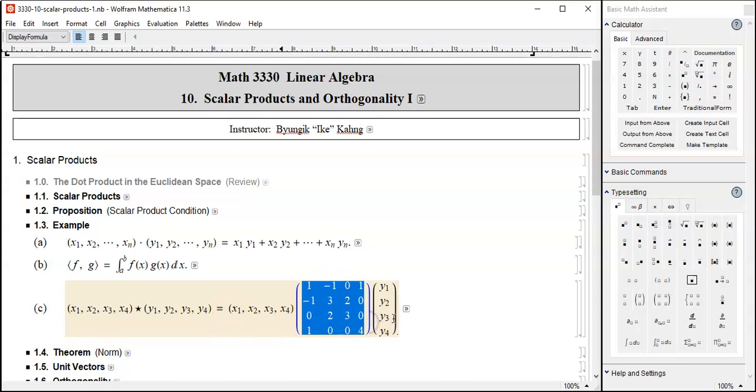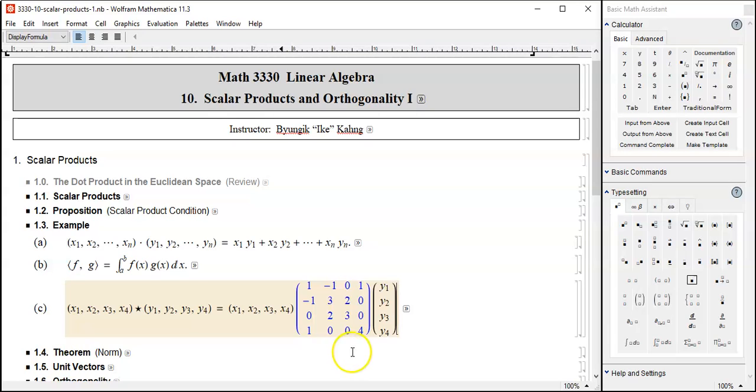This matrix here is a symmetric matrix, and this expression fits what we just discussed: x transpose B y, and depending upon the property of this matrix, this can become a scalar product. And indeed, yes, it's an n by n matrix, 4 by 4 in this case, and clearly symmetric, and positive definite.